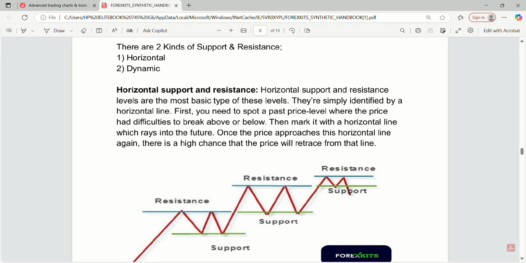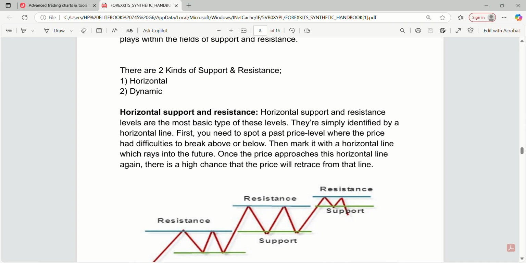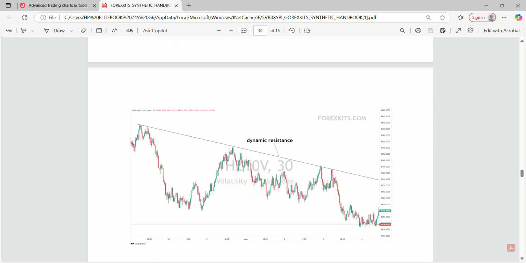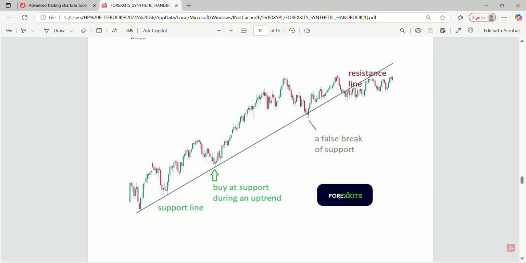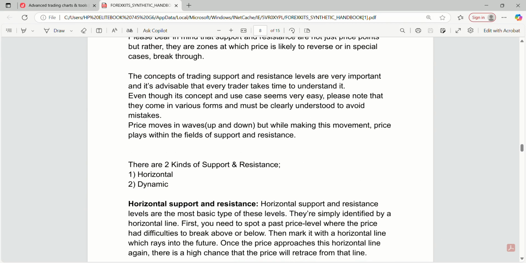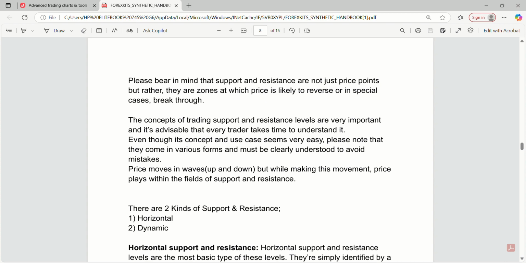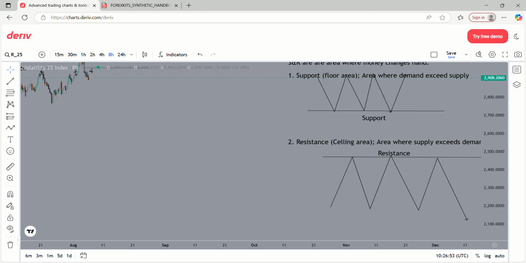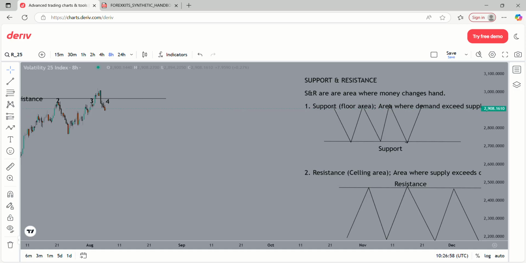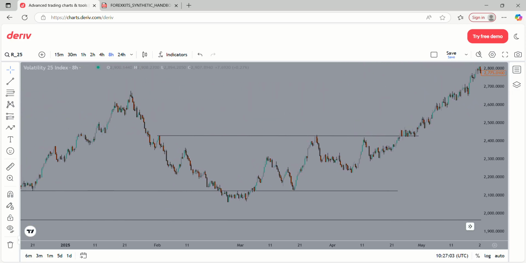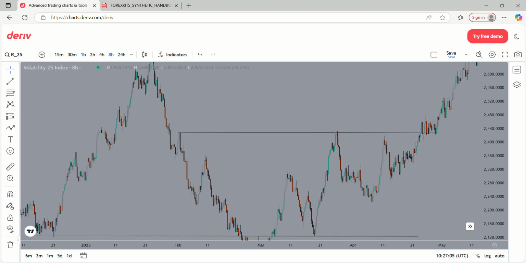So that's what we call... Right, we'll just take it one by one. I'll talk about situations where the support can become resistance. So let me look for that type of situation on my screen.